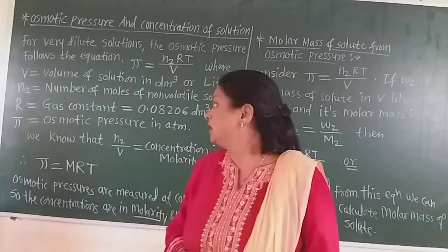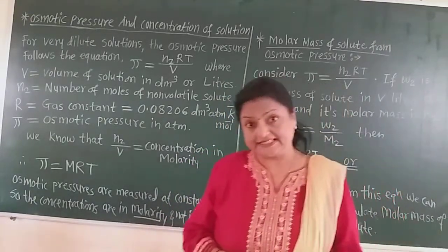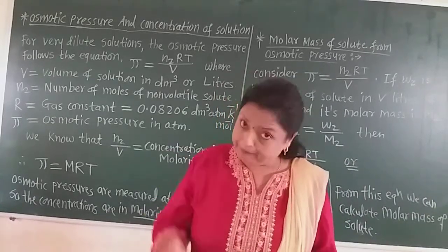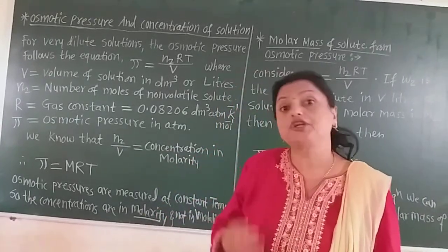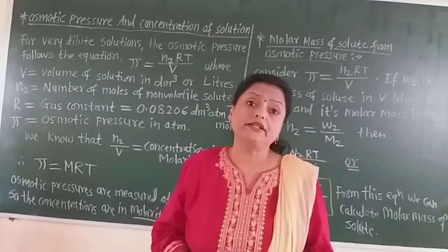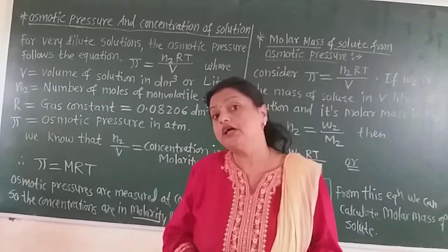That means all four colligative properties, that are the lowering of vapor pressure, elevation in boiling point, depression in freezing point, and osmotic pressure, are very important and useful to calculate the molar mass of the non-volatile solute present in the solution.